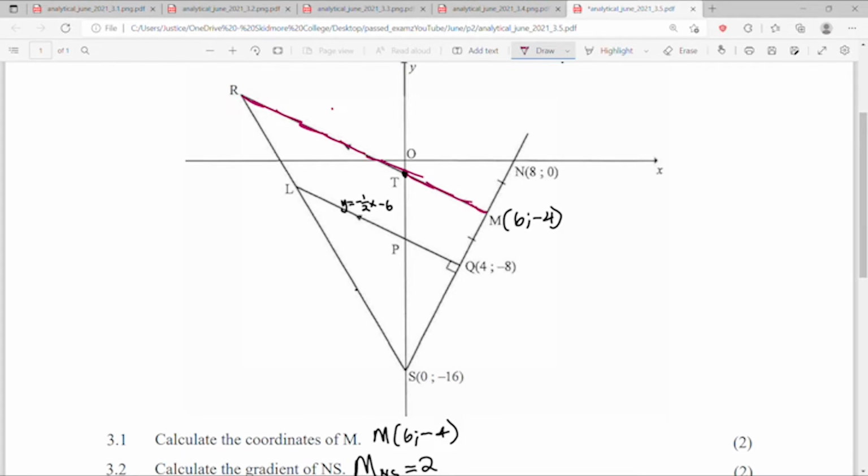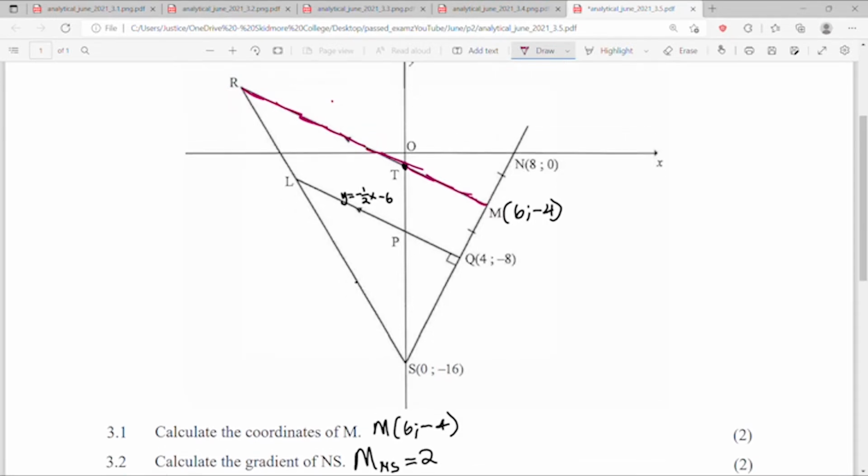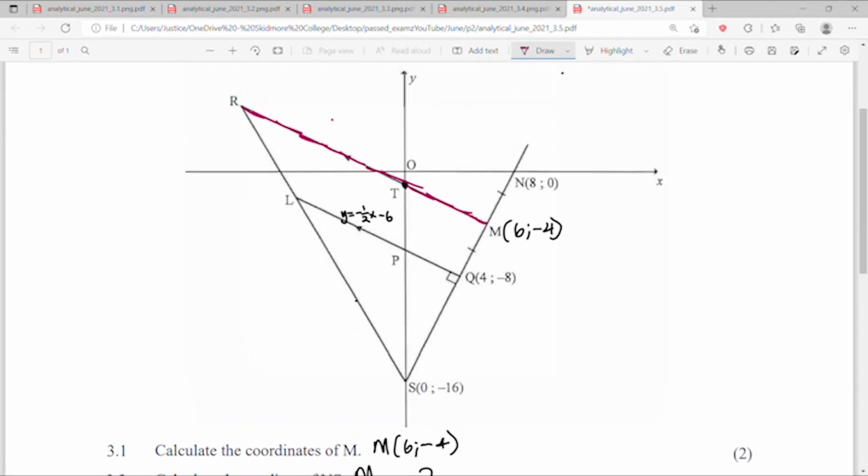So let's just remind ourselves, for those who forgot. The y-intercept means that that's the point where x is equal to 0, right? At T here, x is equal to 0, but we need the equation of RM to substitute the 0 in.